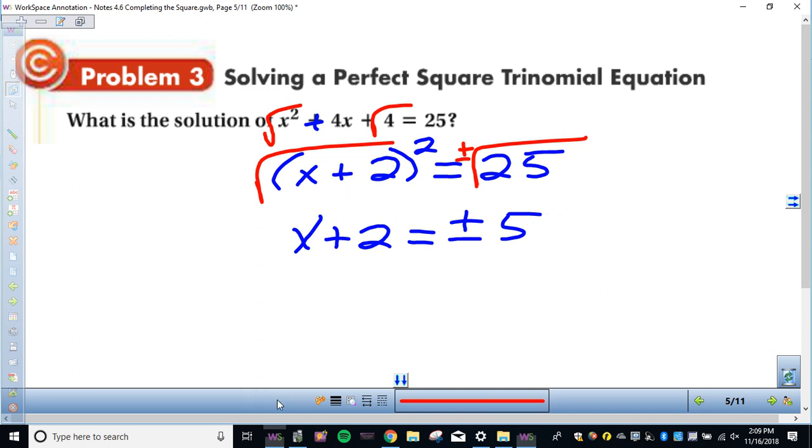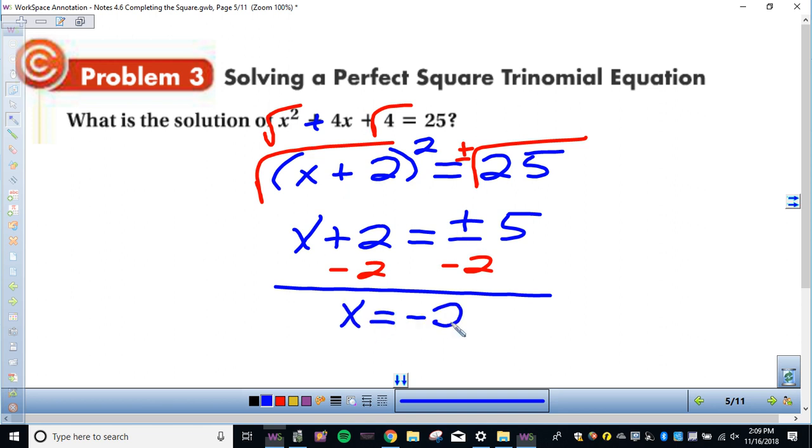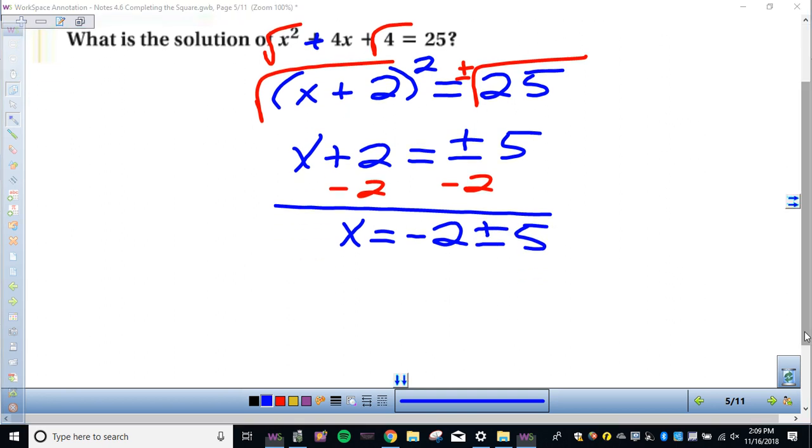This next step is where it goes wrong for some students, so you just got to be careful. A lot of you will think you can subtract 5 and 2. You can't because this plus or minus is in the way. So we end up with x equals negative 2 plus or minus 5, which is basically two problems, one with the plus, one with the minus.